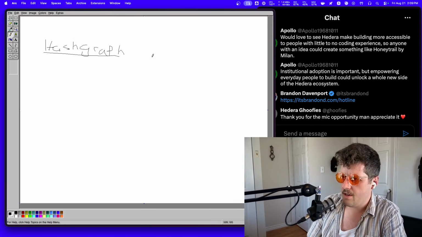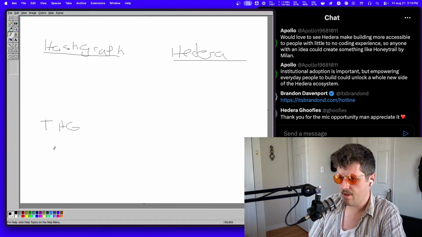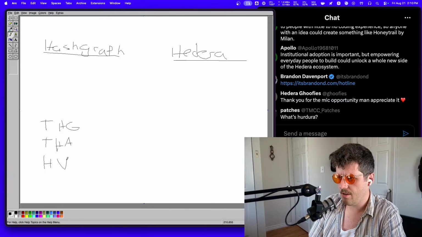And then you've got Hedera, okay? So we've got Hedera, we've got Hashgraph, and then we have the Hashgraph Group, the Hashgraph Association, also Hashgraph Ventures, right?